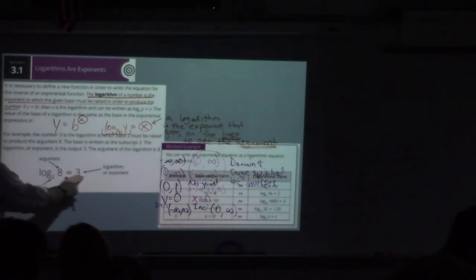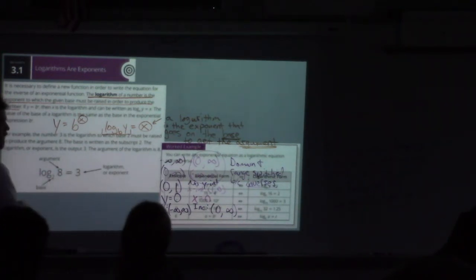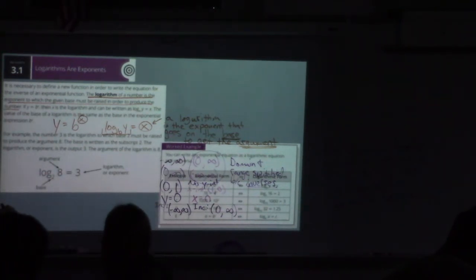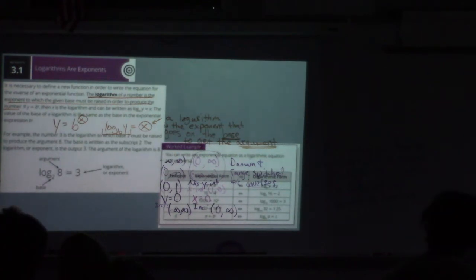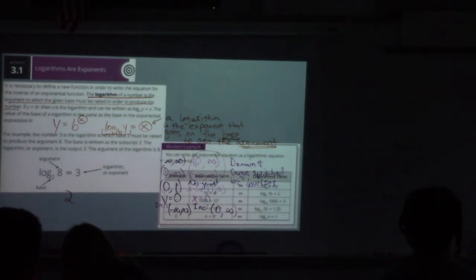So if I were to rewrite this log base 2 of 8 equals 3, what would be the base of my exponent? Or the base of my power, I should say. 2. What would be the exponent of that power? 3. And what does that equal? 8. That is all that we're saying, right?